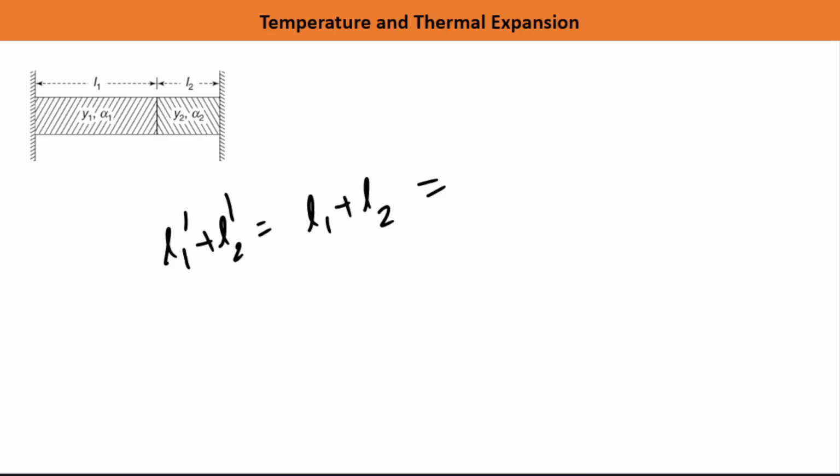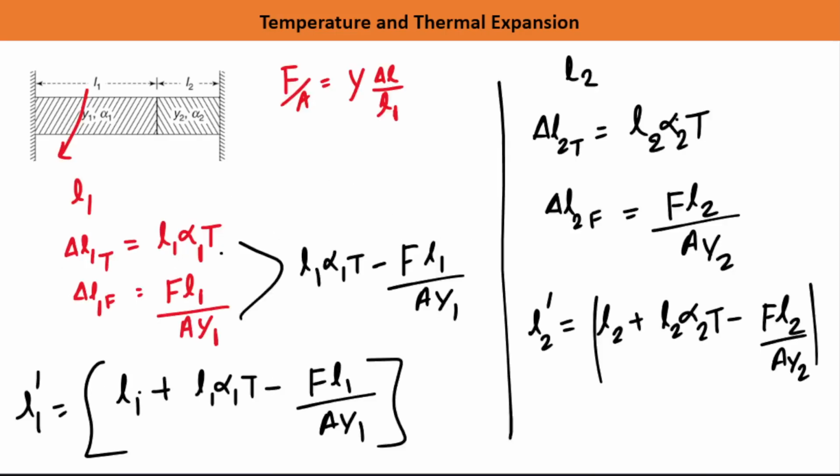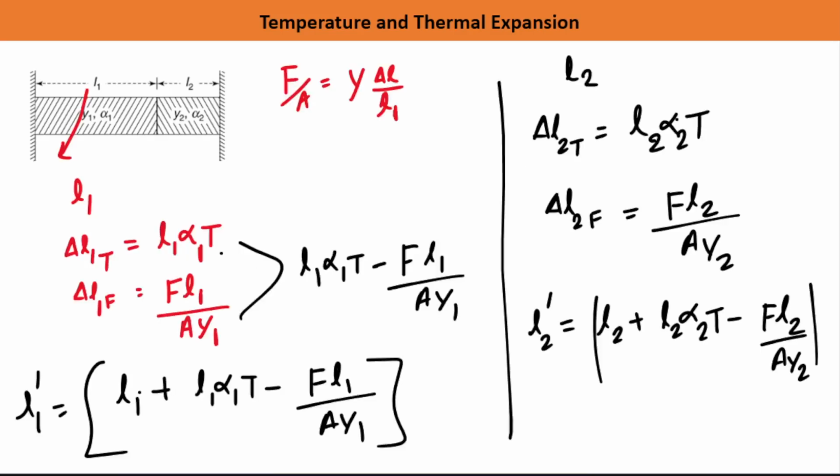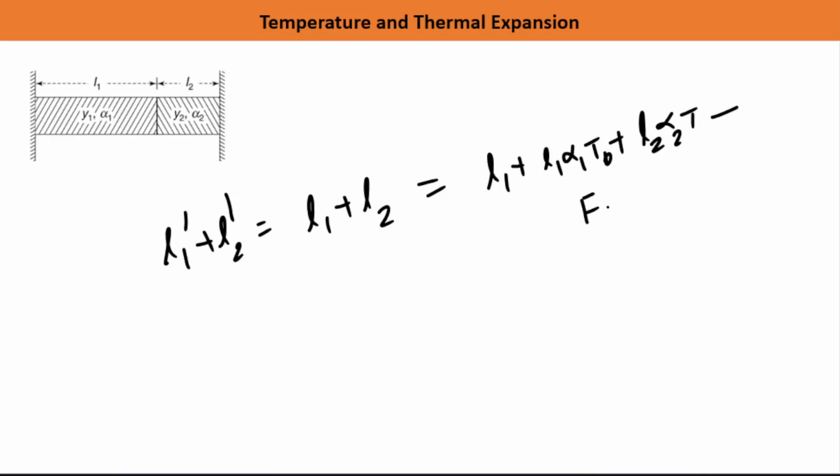You can cross-check from here: L1 plus L1 alpha 1 T plus L2 plus L2 alpha 2 T, minus F L1 by A Y1 minus F L2 by A Y2. Anyway, we have set this equal to the sum of both. So basically this will get cut and we will be left with L1 plus L2.